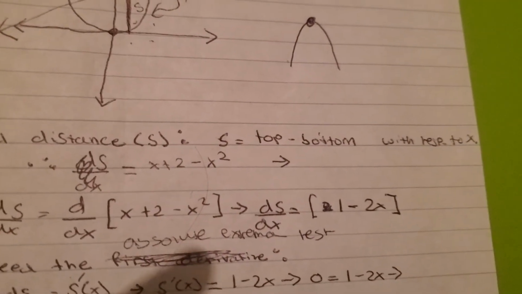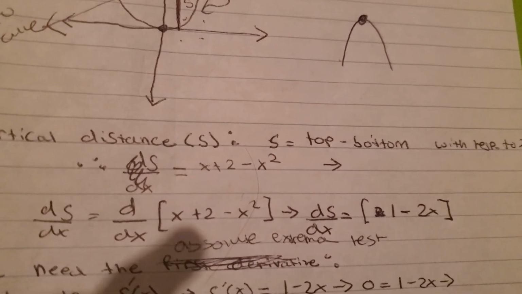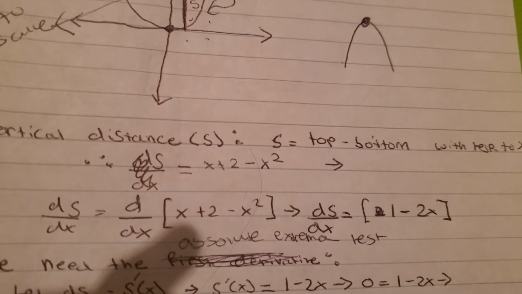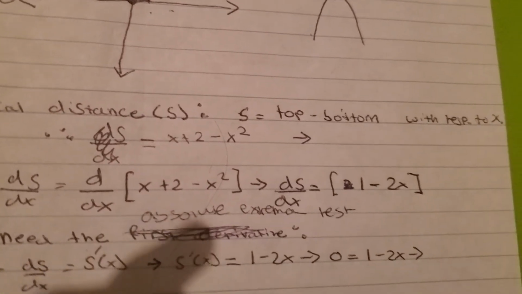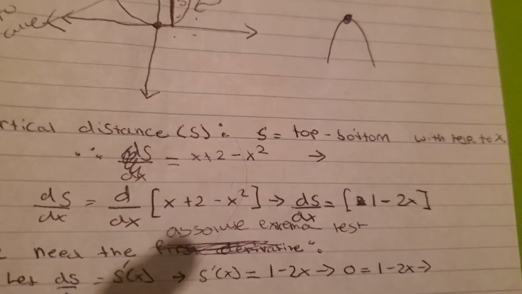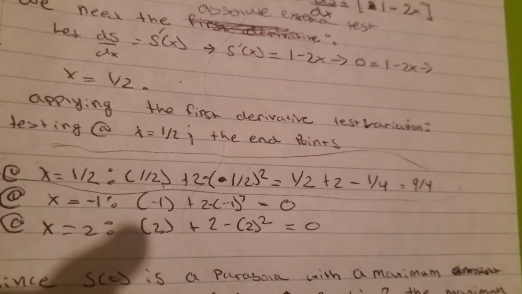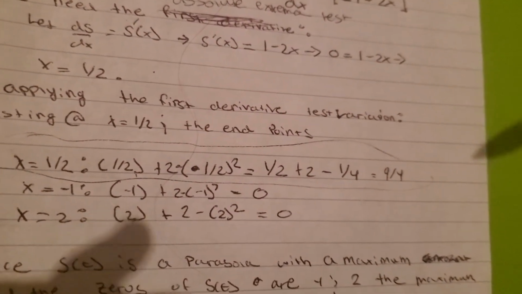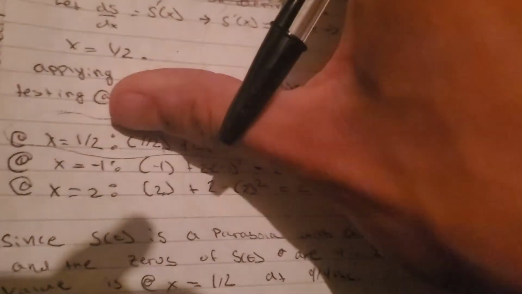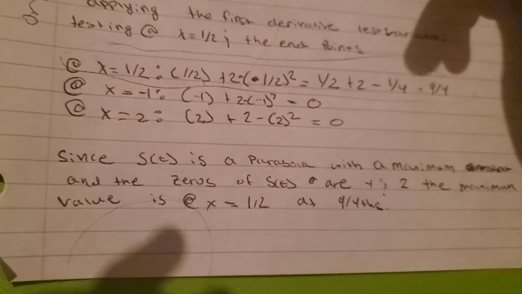That's one way of doing it, but a more realistic way to go for bigger polynomials, for more complex cases such as a cubic or a degree 4 or 5 polynomial, we would go down to using the first derivative test and also the absolute extrema tests.